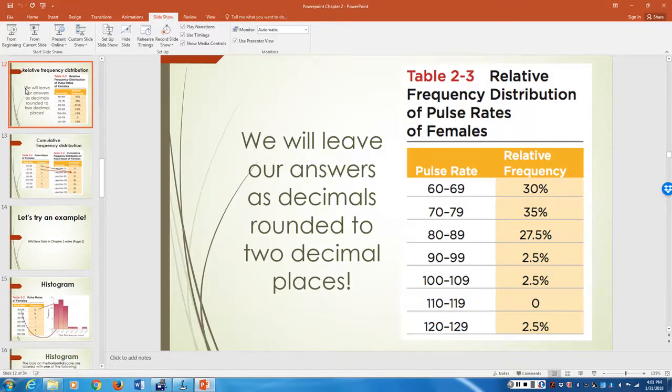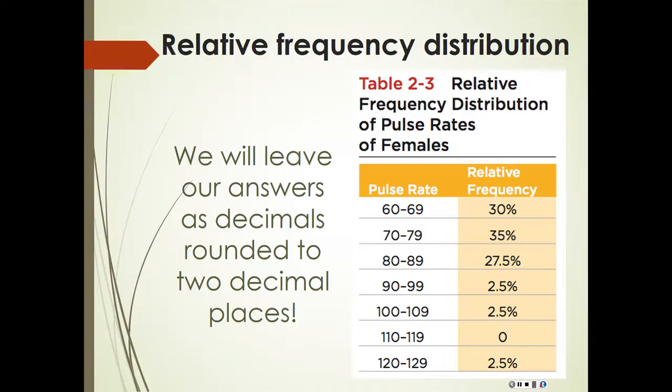So yes, indeed, we are now ready to talk about relative frequency. If you're talking about relative frequency, what you're talking about is the number in each category and what proportion of the whole entire group is in that category. If you remember, we had 40 pulse rates for the females in the example that we're doing in the PowerPoint.